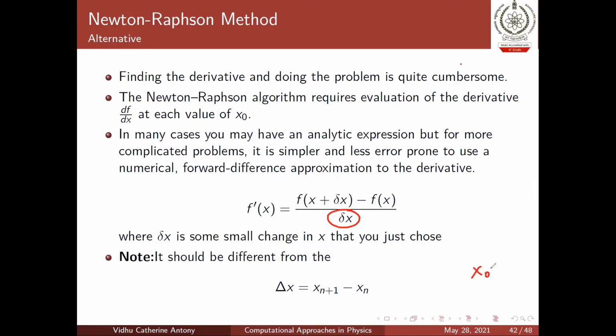If you have x naught as your initial guess and you found that the next point is x1, this delta x cannot be equal to the difference between the initial guess and the next obtained value based on your initial guess. The next value is not a guess, it is something that you obtain based on your initial guess. I hope you get that point clear. Delta x cannot be equal to this capital delta x.